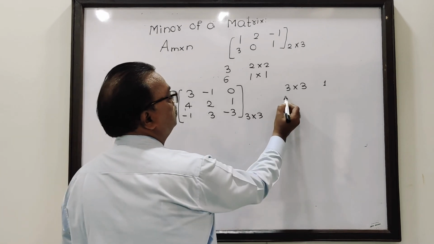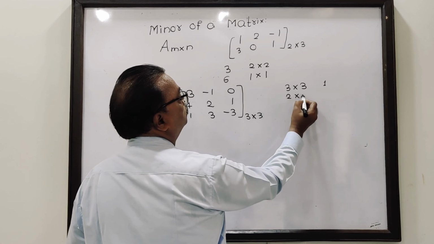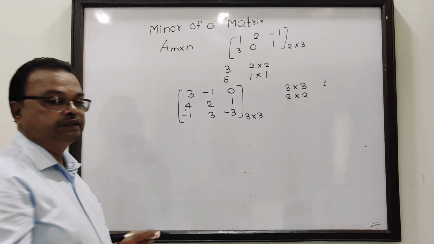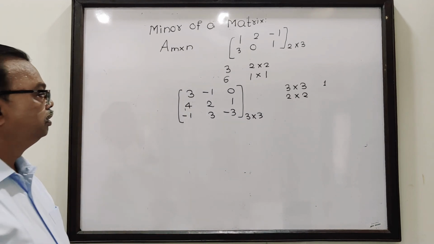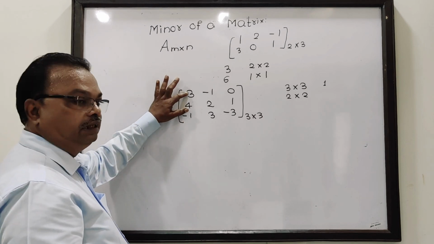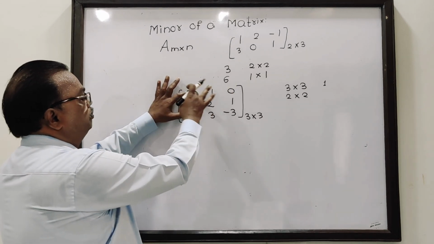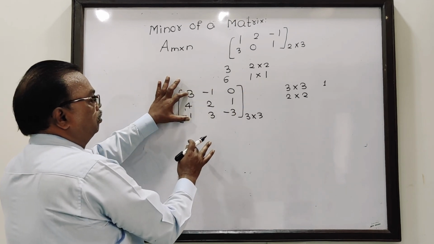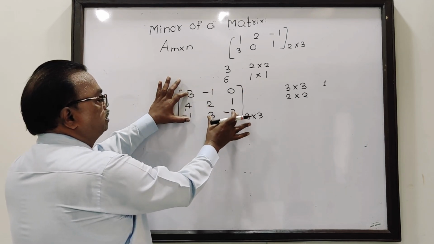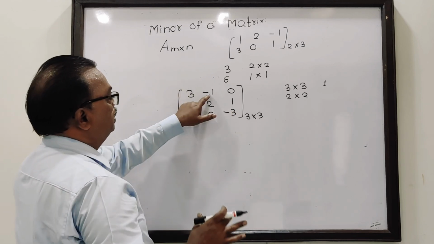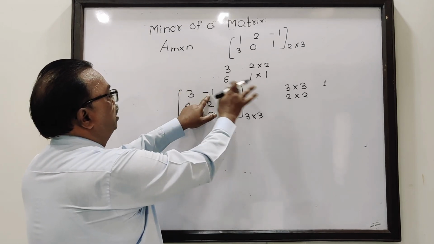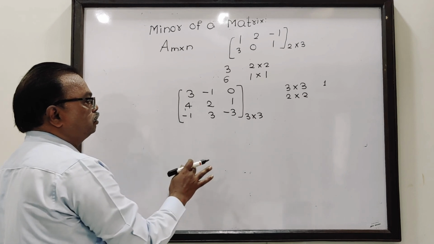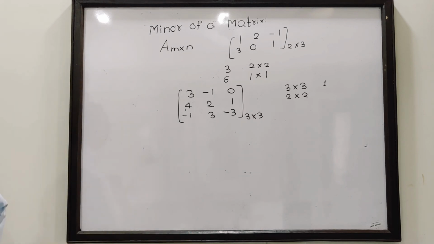Then how many subsquare matrices of order 2 by 2? Listen, how to find them? Take a single element and reject the row and column in which that element lies. That means reject this row and this column, and you get this matrix of order 2 by 2. Secondly, take another element, reject its row and column, and you get the second. Likewise, this process can be repeated 9 times.